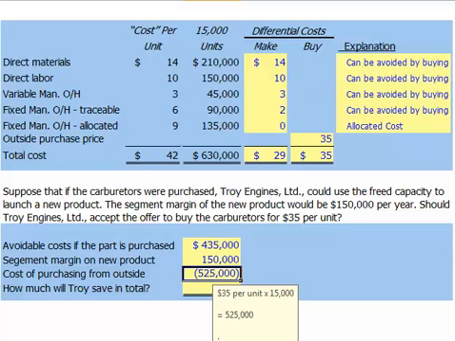The cost of purchasing from an outside supplier was $525,000. That's $35 per unit times 15,000 units. So Troy will save $60,000 if it purchases the product from an outside supplier, because it will be able to earn the segment margin of $150,000. It will be able to save $435,000 in avoidable costs, and it will only cost $525,000 to purchase from the outside supplier.